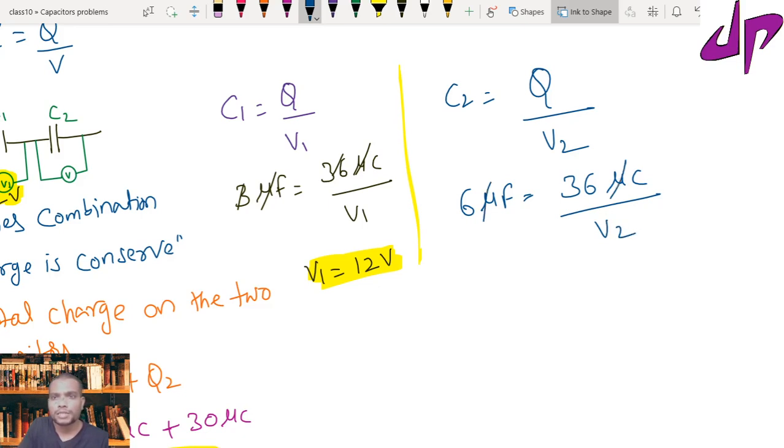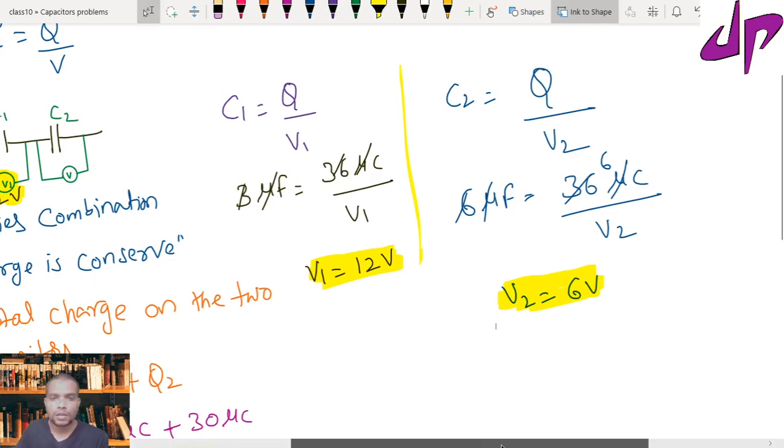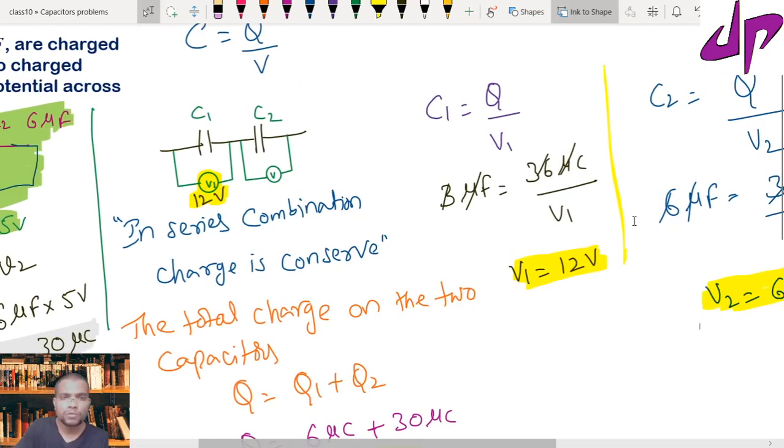The micro gets cancelled and 6 in 36 is 6 times. So the potential V2 equal to 6 volt. This is the potential difference across the capacitor C2 after connecting and charging. So it gives me 6 volt.